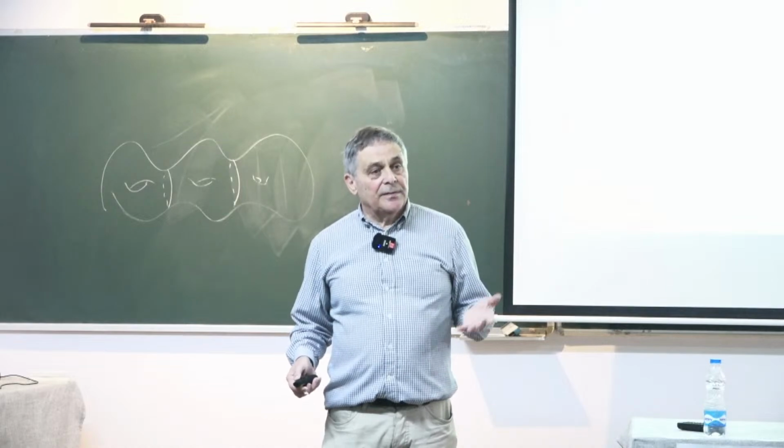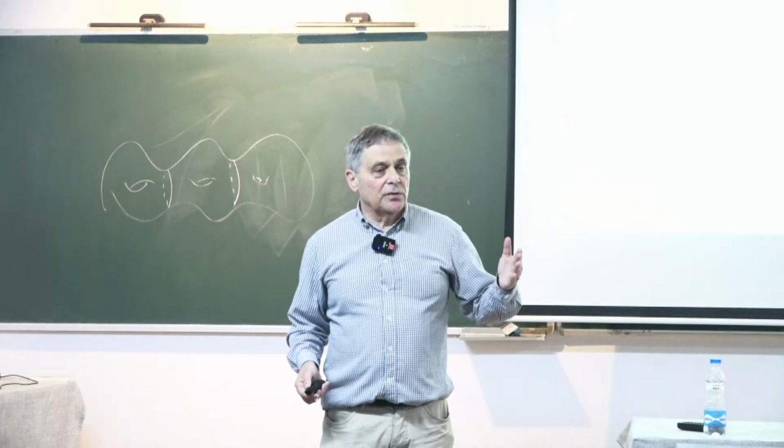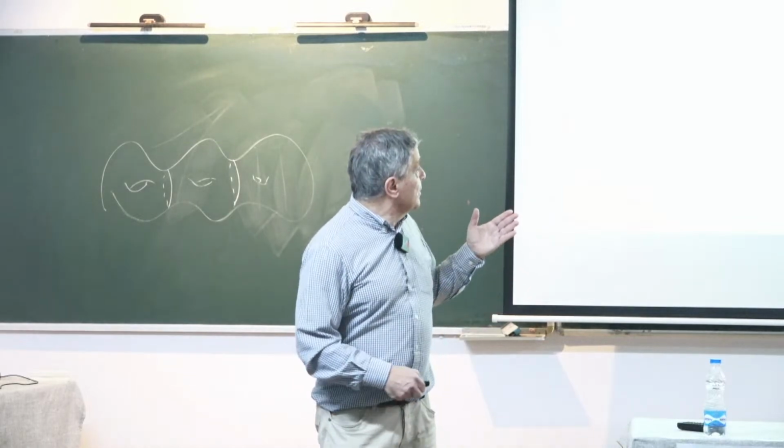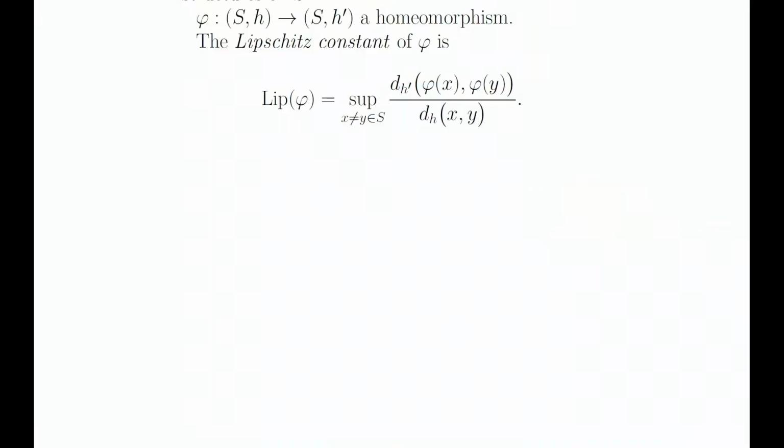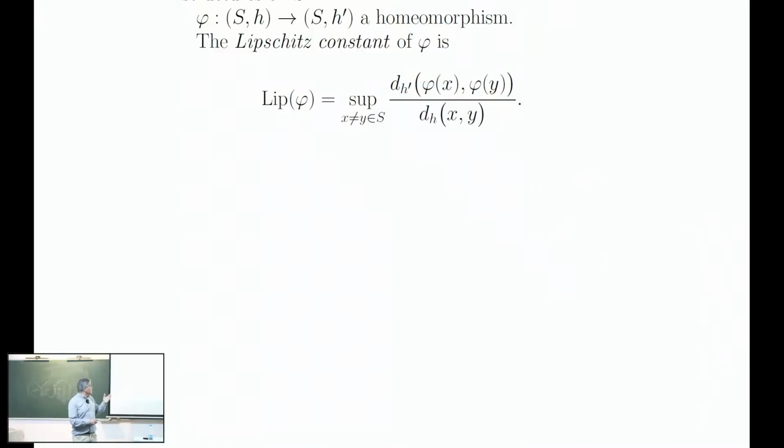And again, you have some theorems. You take a sequence. So the minimum of the Lipschitz constant exists if you take the minimum over all homeomorphisms.